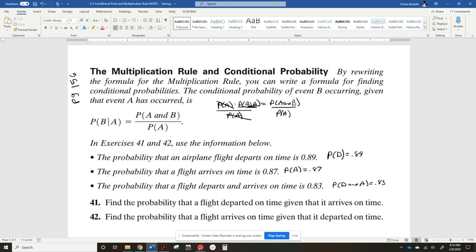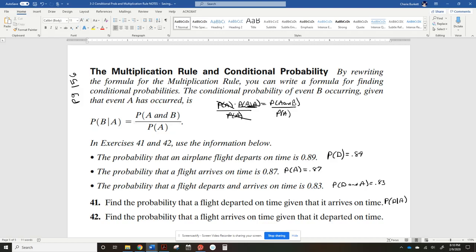Find the probability that it departs on time given that it arrives on time. So departs given arrival. So we're looking for this right here. This is what we're trying to find.